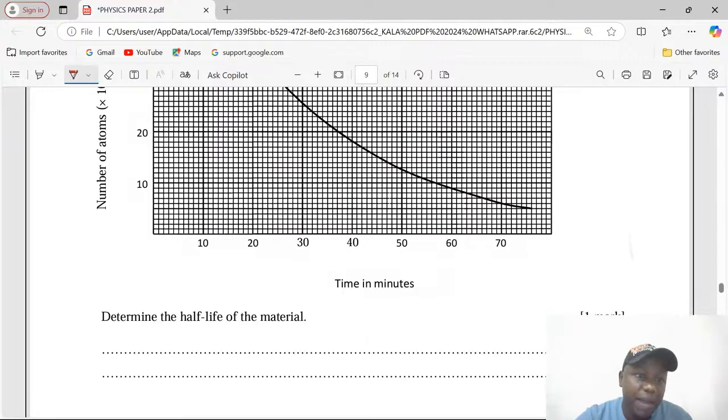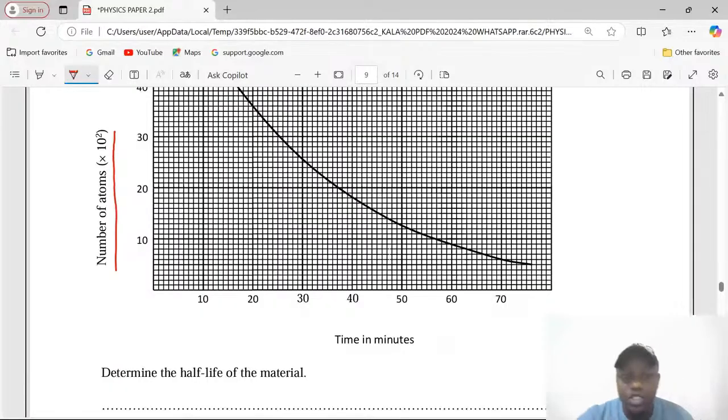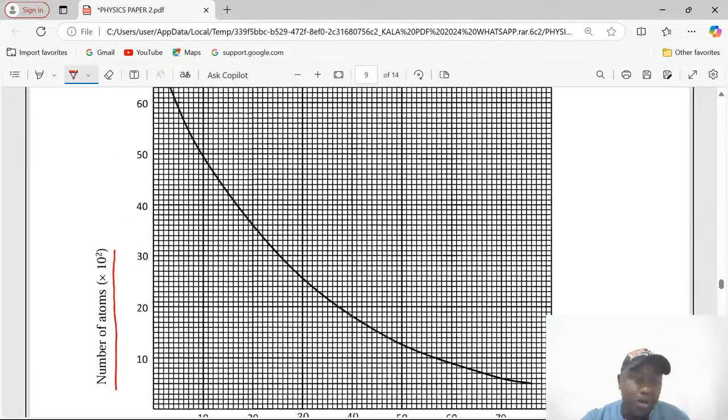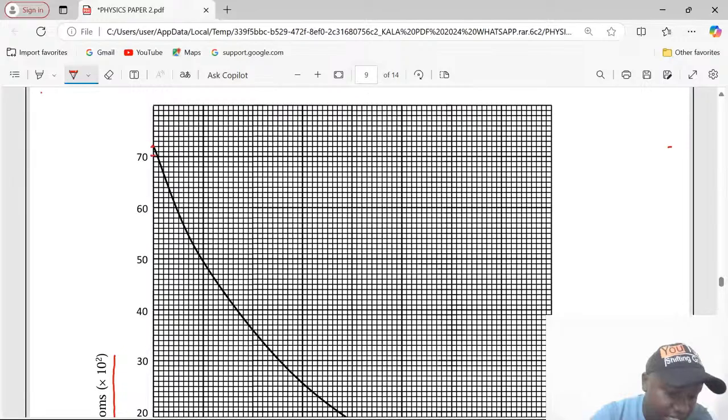So the number of atoms which were initially there, we just need to know the initial value was 72. No, this is 70, then this is 72 according to the scale which has been used.